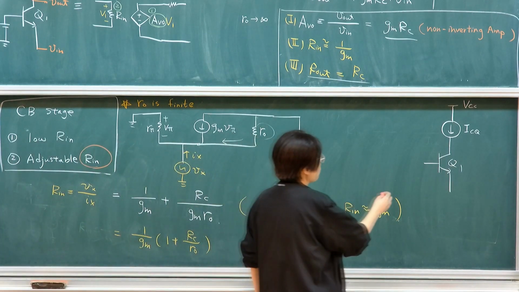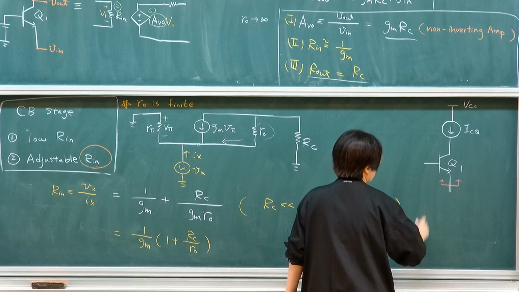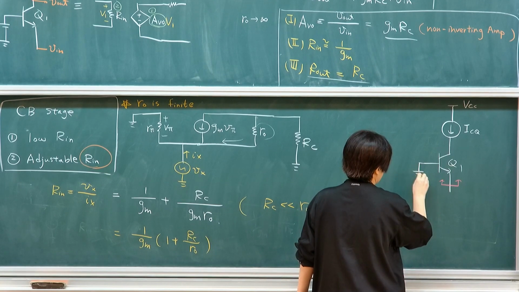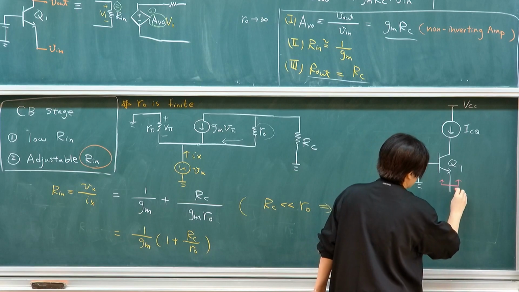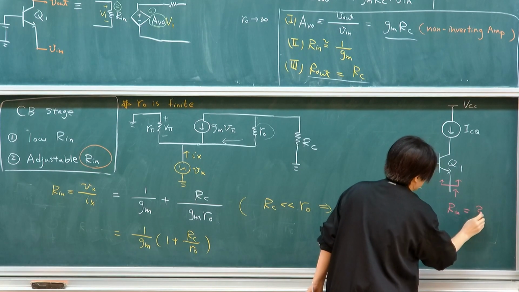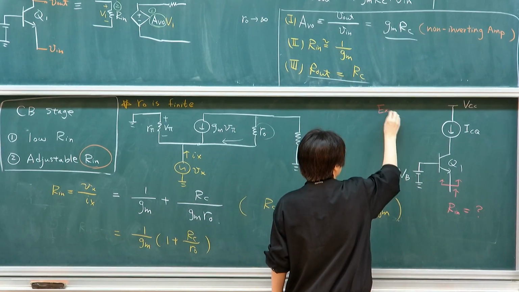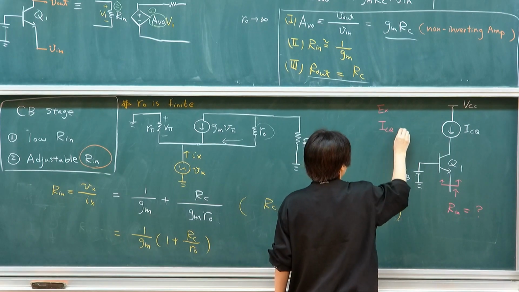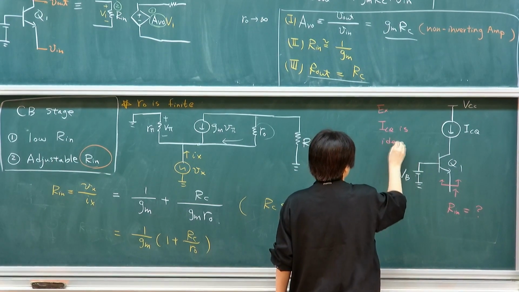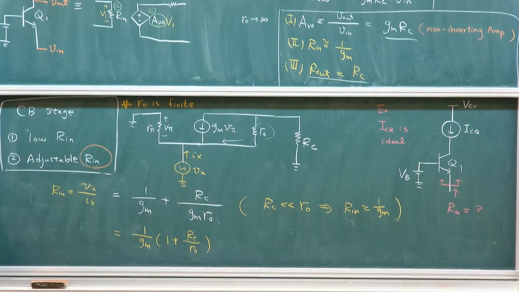But let's say I ask you this question: if ICQ is ideal, what should your input resistance be if this is the case? What do you think?